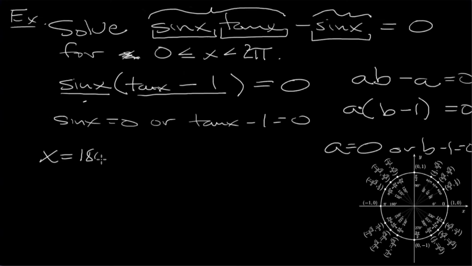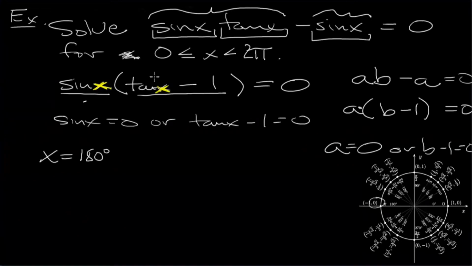So 180 is one place, because if you rotate 180 degrees, sine depends on y. On the unit circle, the y value is sine, and the x value is cosine. Now remember, just like the discussion we had last week, when I am working in this equation, this x right here is an angle.